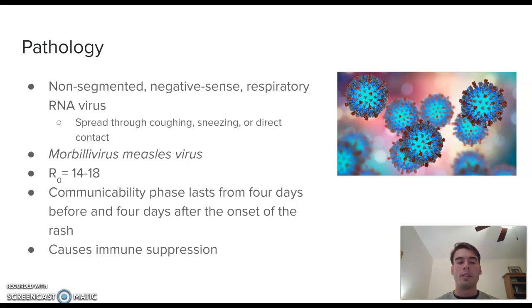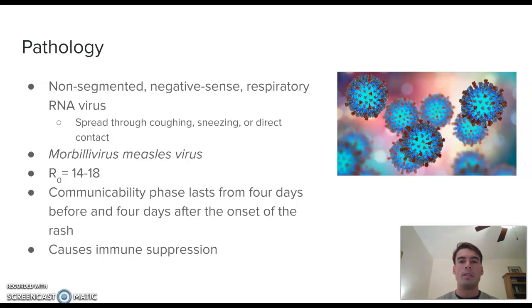Measles is in the family Paramyxoviridae, and it is in the genus Morbillivirus, and its species is just the measles virus. Measles has a reproduction rate, or R0, of 14 to 18.